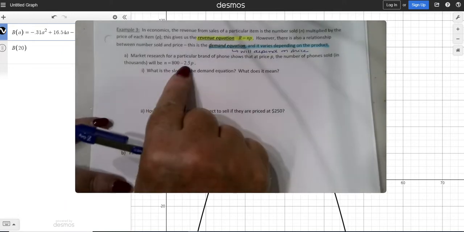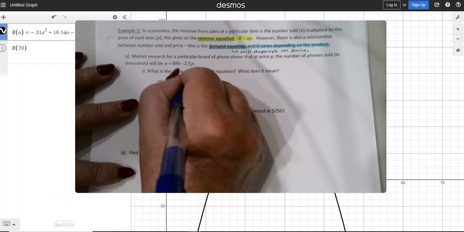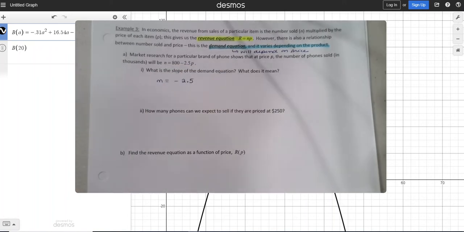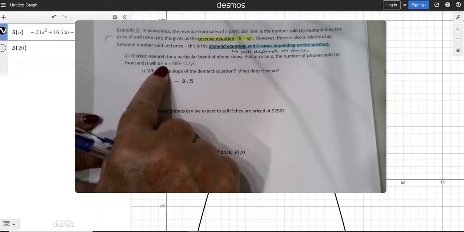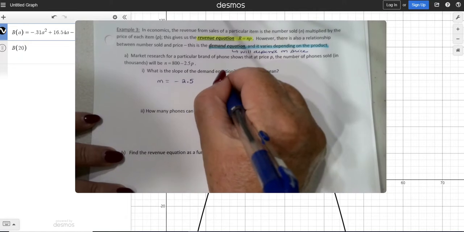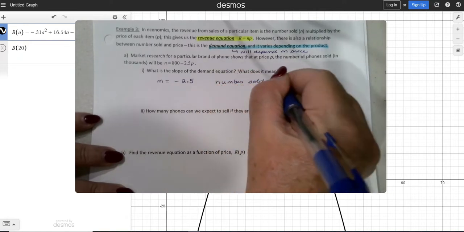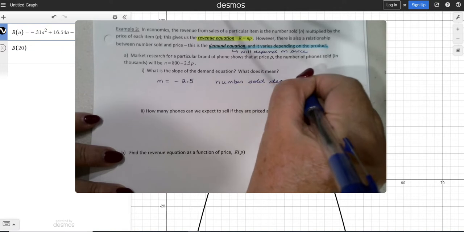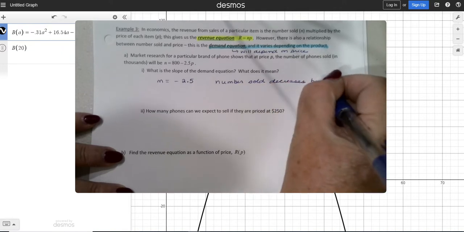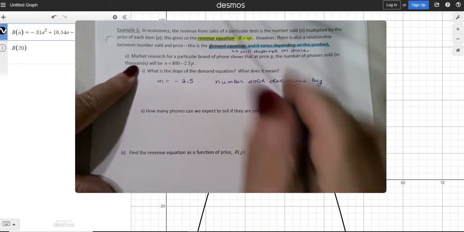All right, what is the slope of the demand equation? My slope here is negative 2.5. And let's see, the output was n, the number sold. So I'd say the number sold is decreasing by this much, 2.5, and that would be in thousands.